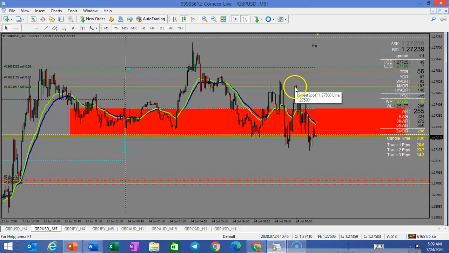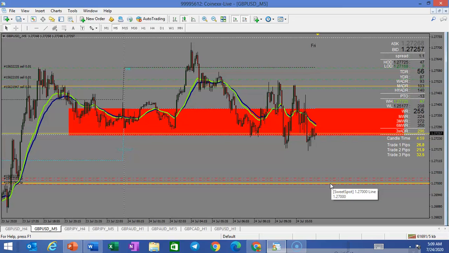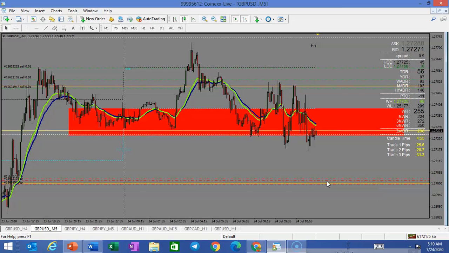And even if we missed that, we have another close here. We could have got it right here. And now we wait for price to come down to our institutional level 1.27 thousand. That's for GU.